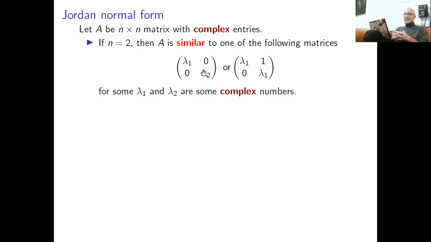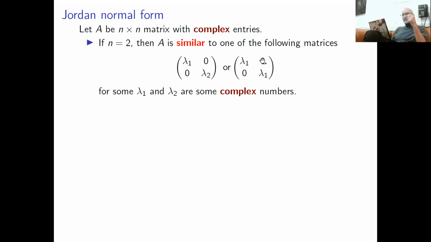But if it's not diagonalizable, you have one eigenvector, and for the second vector of your basis you just put some vector with arbitrary coefficients like we did in the previous case. Then you must get an upper triangular matrix by definition. You're going to have lambda 1 here, 0 here, and you get something here, some garbage, not necessarily 1.